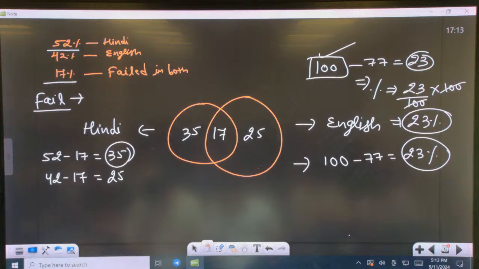Make the circles. Circles will help you. Okay, look at the board.